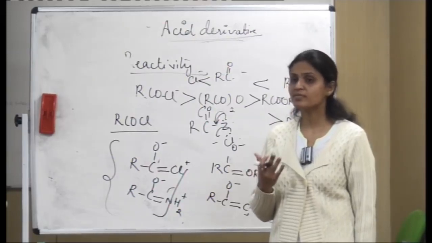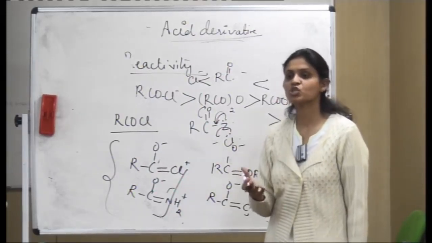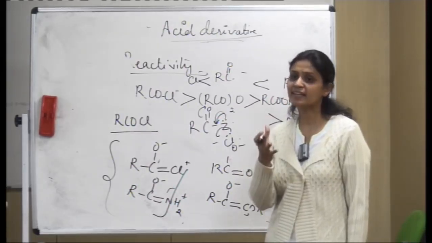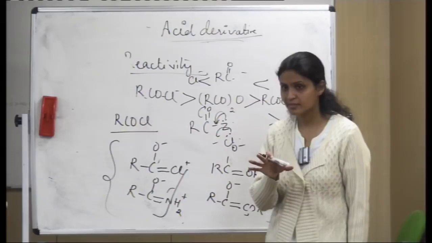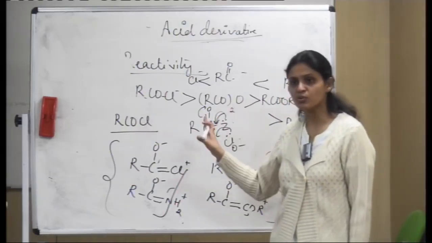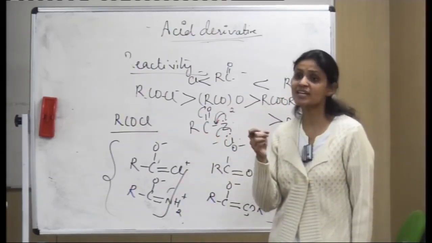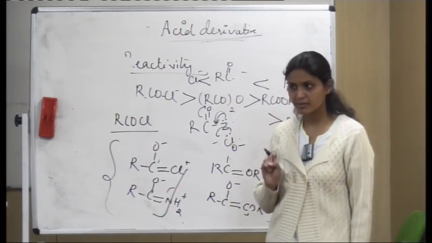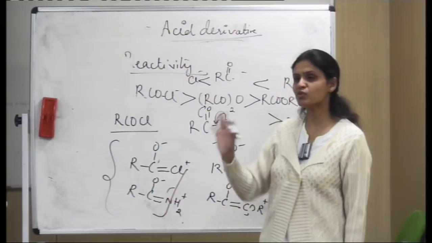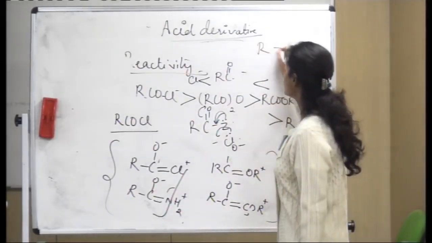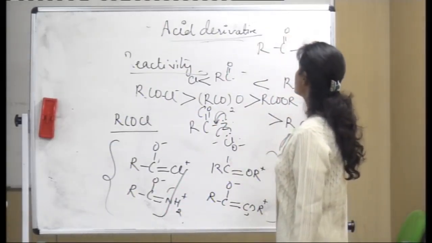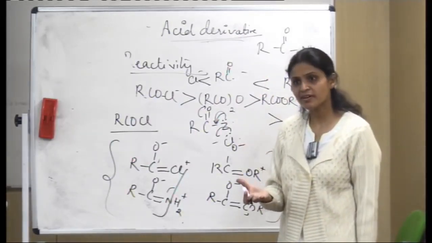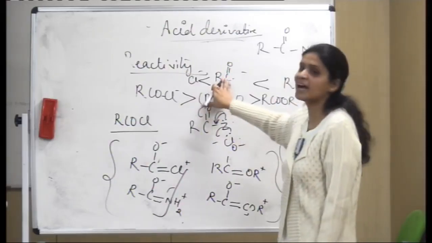Whenever resonance structures are more stable, in that case I would say that that thing is least reactive, right? In case of amino, the resonating structures are easily formed as compared to the chloro group, right? So I would say that the acid derivatives having the amino group are more stable. More stable means they are least reactive, and hence chloro will be highly reactive.